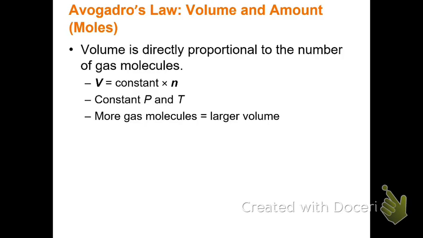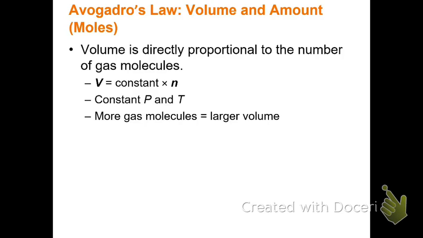All right, so far we've looked at three different gas laws: Boyle's law, Charles's law, and Gay-Lussac's law. The fourth one here is Avogadro's law. So now this one relates the number of molecules with volume. So how are volume and number of moles related?